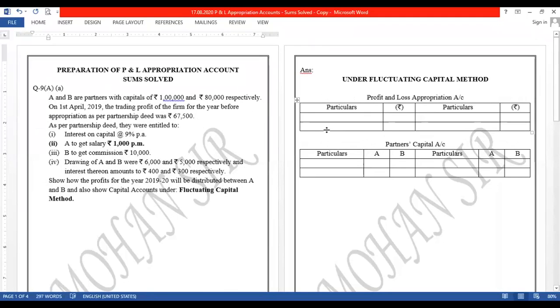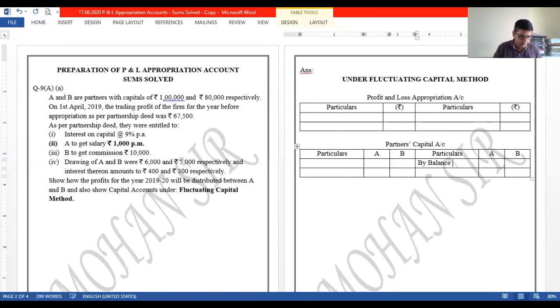A and B have a capital of rupees 1,80,000. So being a capital balance, I need to come on the credit side and write over there by balance b/d. Okay, because this is opening balance. Capital of A can be seen as rupees 1 lakh and capital of B can be seen as 80,000.